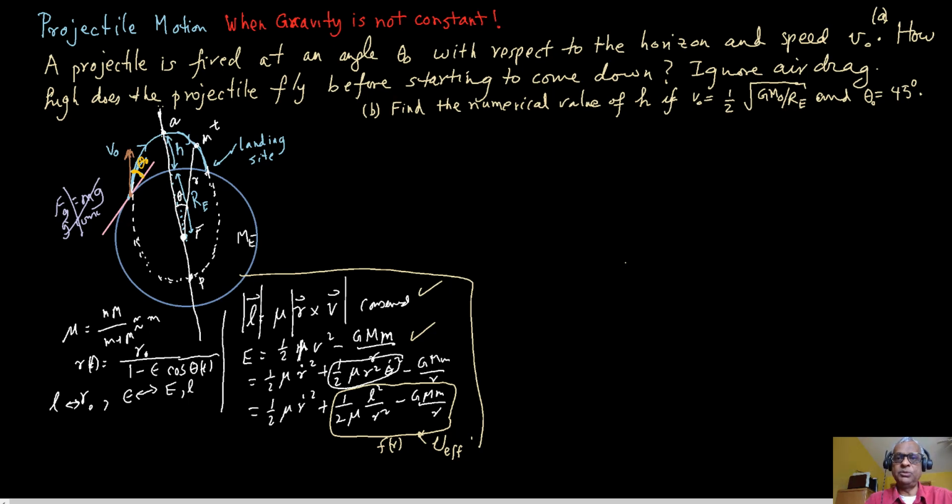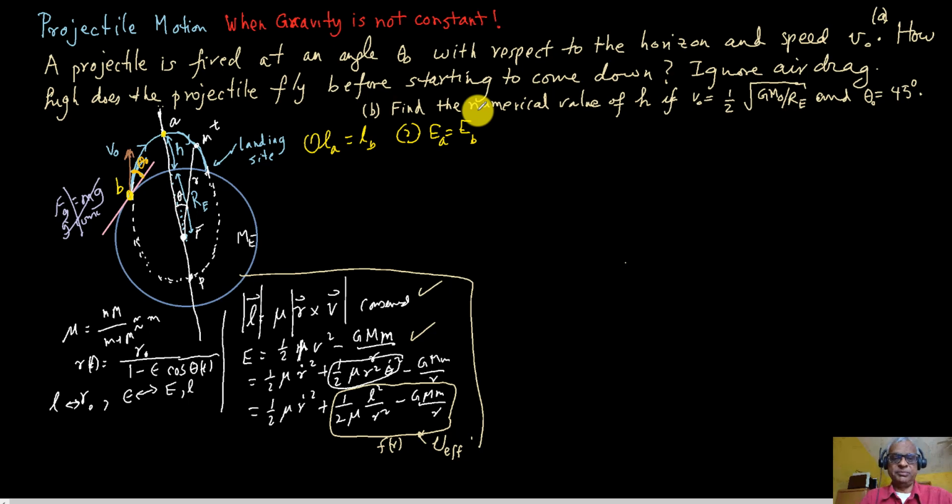I'm going to look at this point, which I'm calling A, and let's call this other point B. So we'll say angular momentum at A equals angular momentum at B. That's one equation. And the second equation will be energy at A equals energy at B. And that should be sufficient to solve this problem.